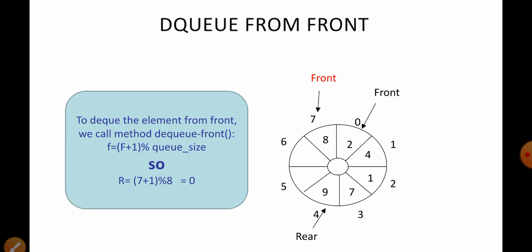If we want to deque the element from front, simply by using this formula, front is at index 7, 7 plus 1 mod 8 is 0. So the value 8, which was at index 7, will be dequeued, and we will move the front to index 0.